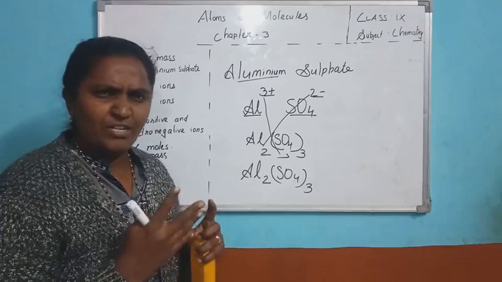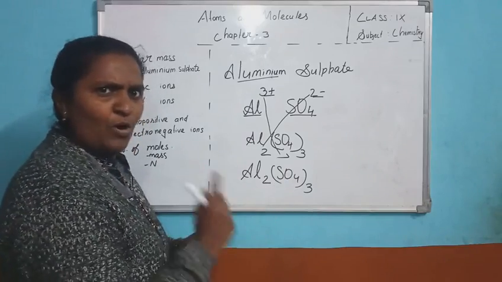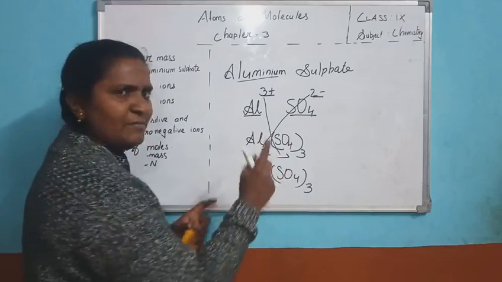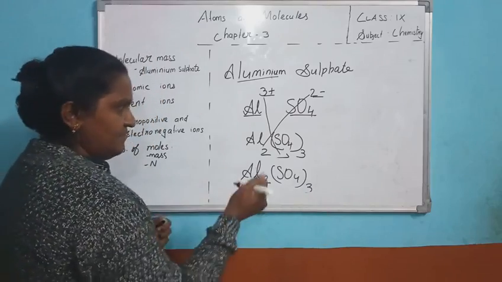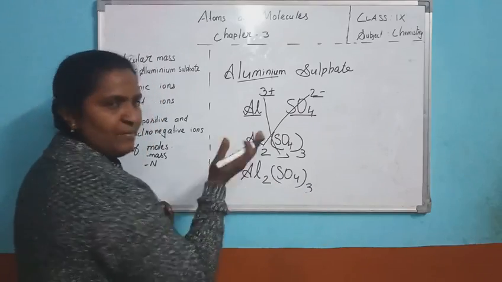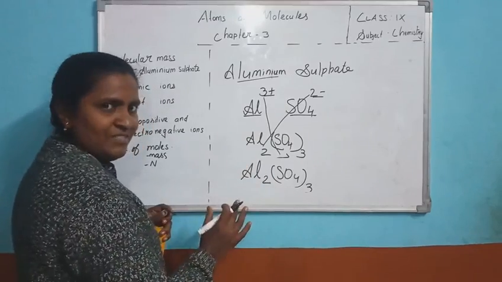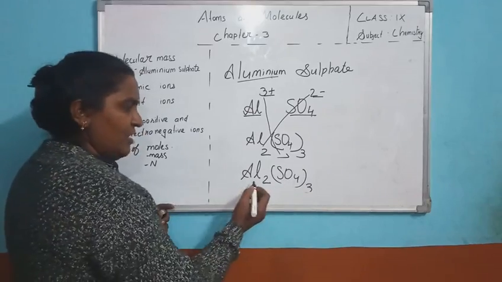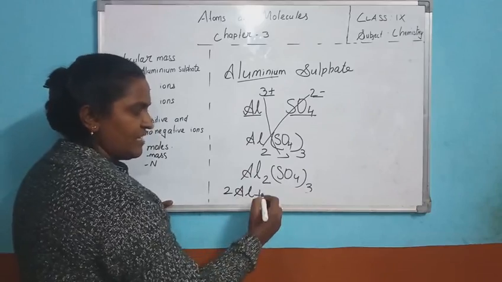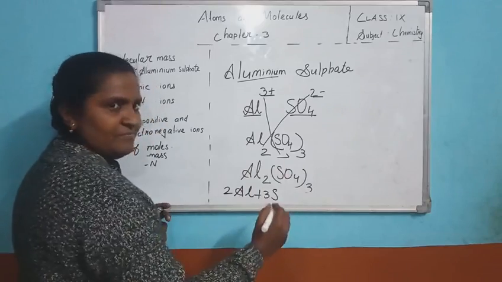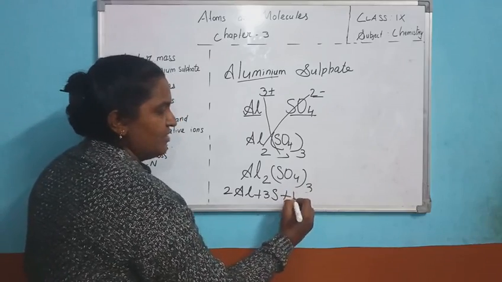And how will you find out the mass? Molecular mass: you add the mass of each atom present in a compound. For example, we are going to find the mass of aluminium sulfate. So you have to find the formula first. Okay, formula we have found. Now, how many aluminium atoms are there? 2 aluminium. How many sulfur? 3 sulfur. And how many oxygen? 3 4s are 12, so 12 oxygen.